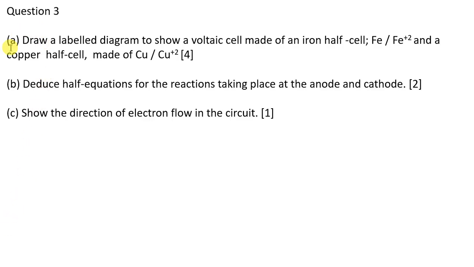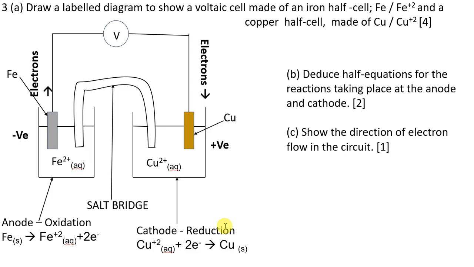So in question 3, 3 parts. Draw a labeled diagram to show the voltaic cell. Deduce the half equations at both anode and cathode, and show the direction of electron flow in the circuit. Here I have my diagram. 4 points.